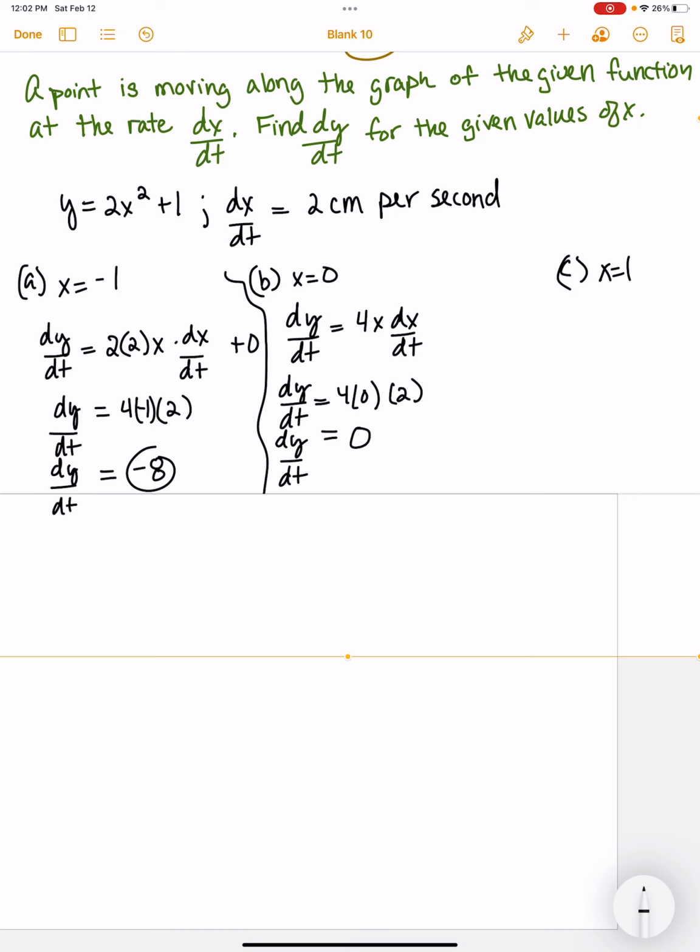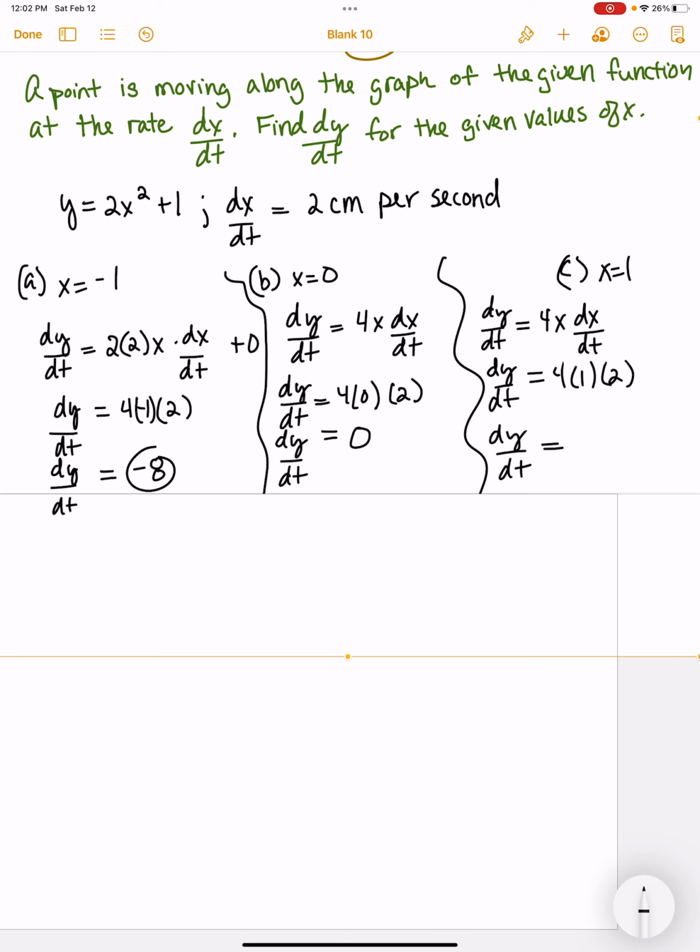All right. So now let's do over here. We have dy/dt equals 4x times dx/dt. And then we plug in our values. So we have 4 times 1 times 2. And so we see here that this is 8.